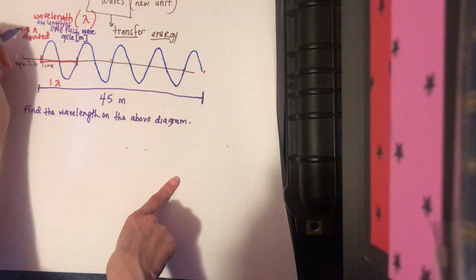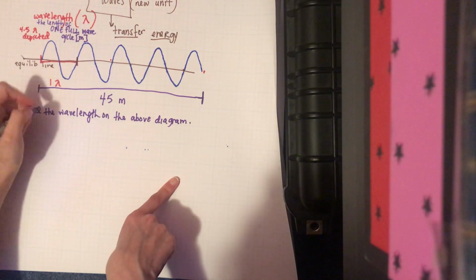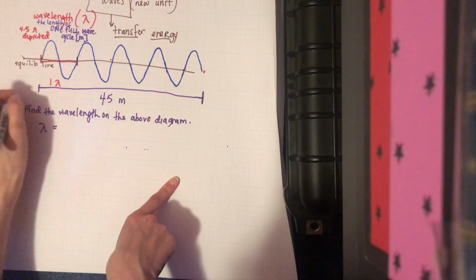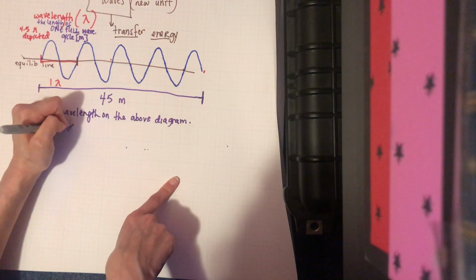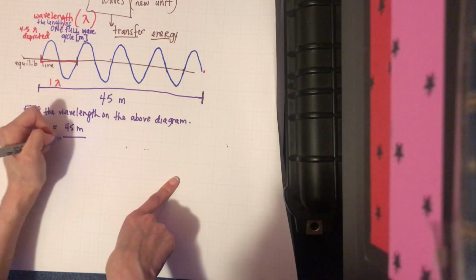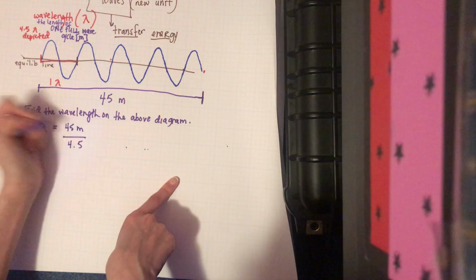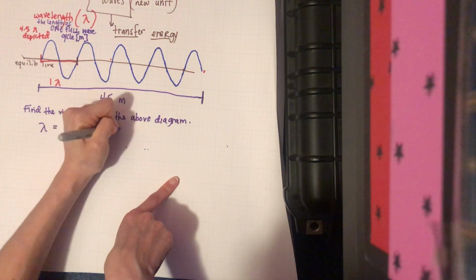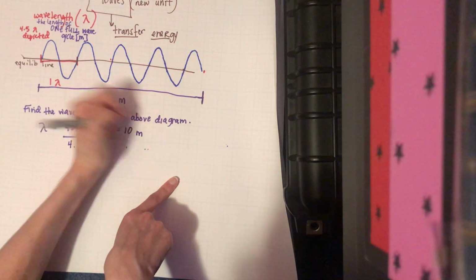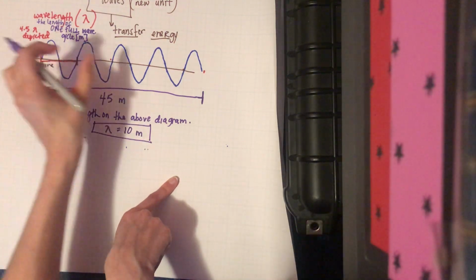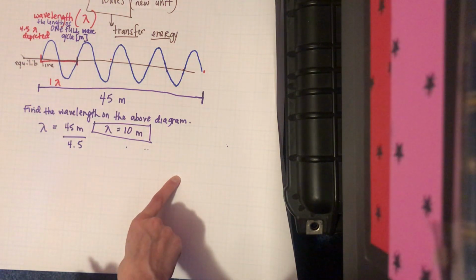If we have 4.5 lambda and 45 meters, then 1 lambda is equal to this total distance, 45 meters, divided by the number of waves shown, 4.5. So lambda is equal to 10 meters, meaning that each of these waveforms is 10 meters long.